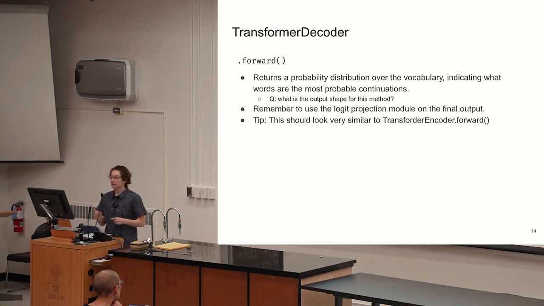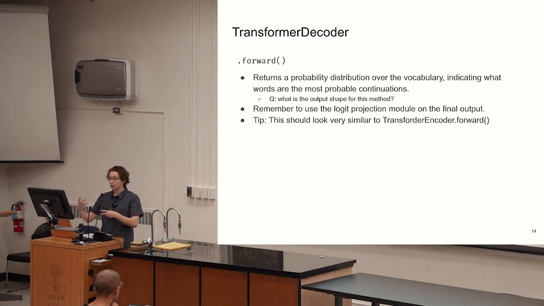This is something that I think might trip up students in thinking about how to use the decoder in other places. So what it outputs is, for each batch, for each sentence, predictions for each of the tokens, for each of the positions, of what the next word should be.